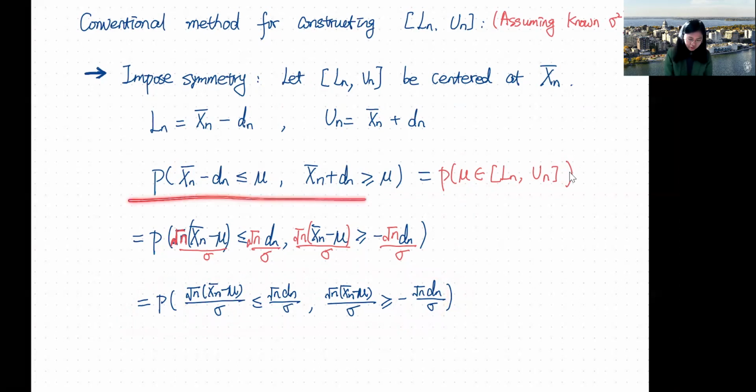So we turned this coverage probability into a probability about this random variable. Even though in general we do not know its distribution, by the central limit theorem we know it is approximately standard normal.